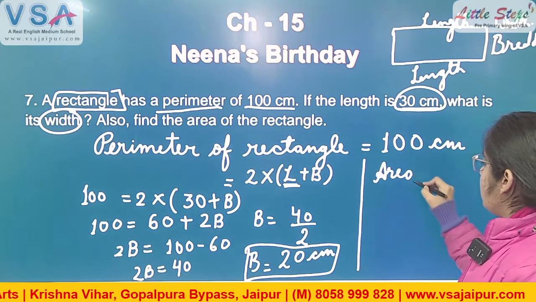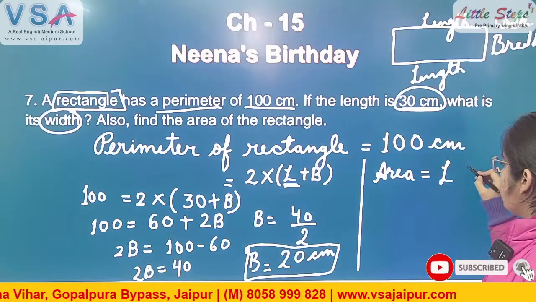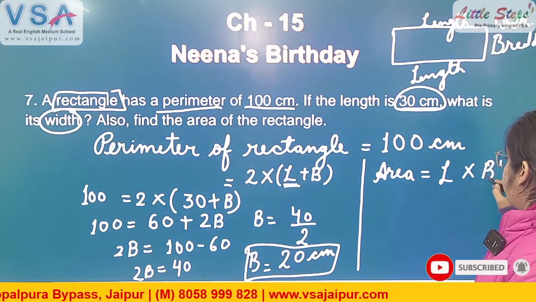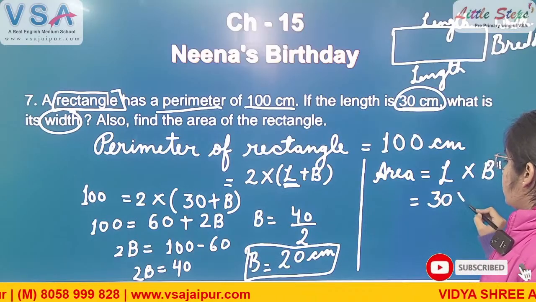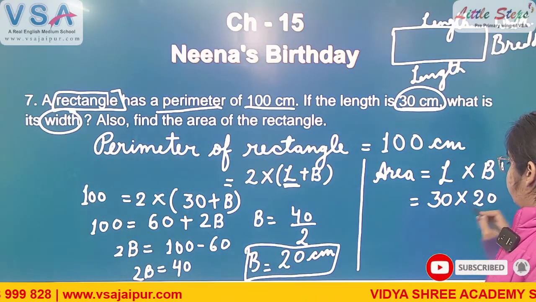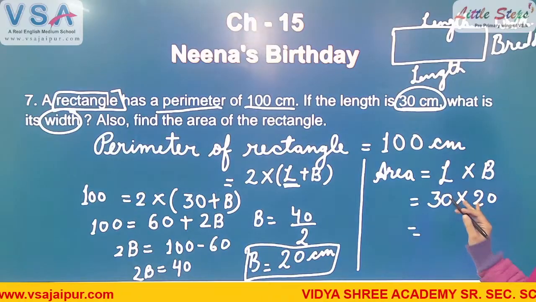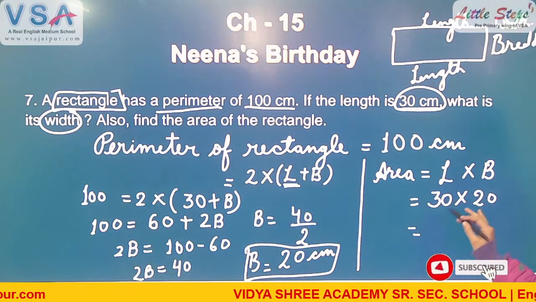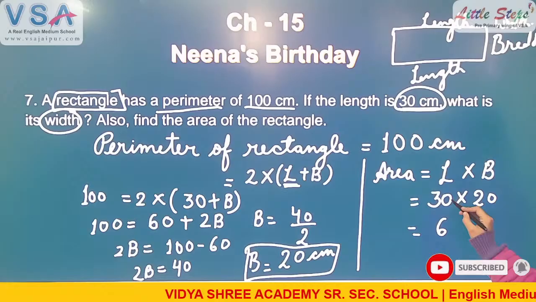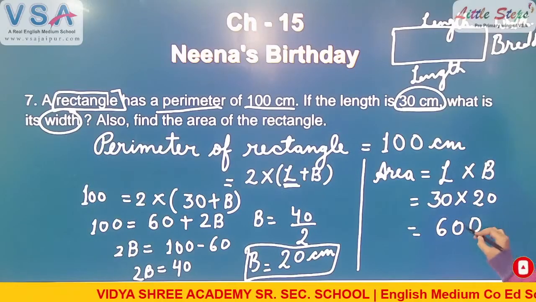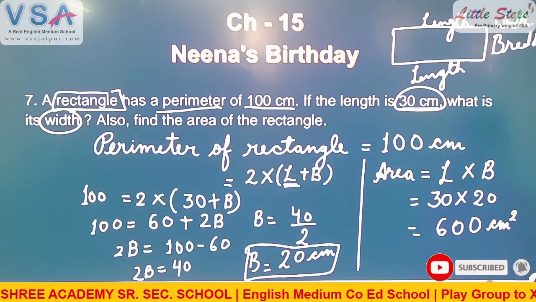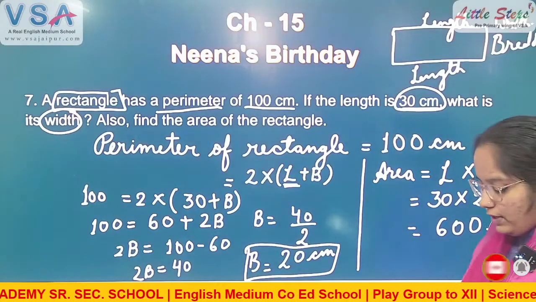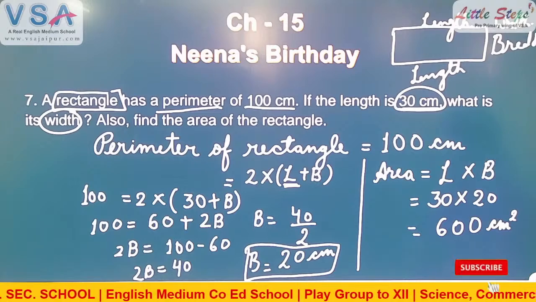So area equals length multiplied by breadth. Length is 30 and breadth is 20. So 30 multiplied by 20: 3 2s are 6 and we put 2 zeros here, and it will be centimeter square, because we are calculating the area.